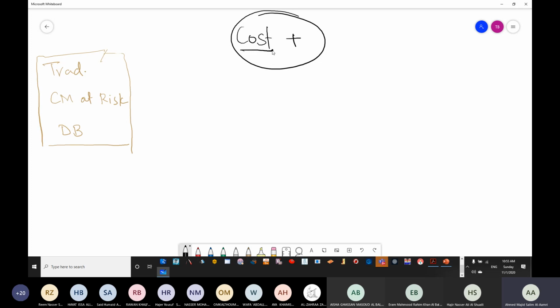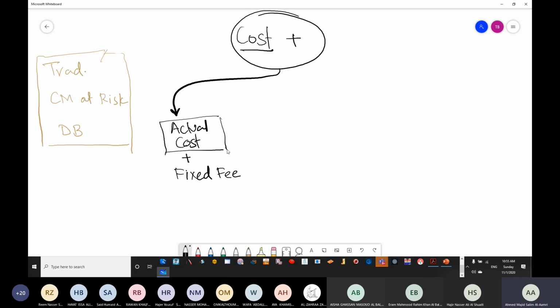So now if you can see here, we are going to pay actual cost plus something called a fixed fee. So we agree here to give the actual cost, which is for the project itself, and we are going to give a fixed fee as a profit for the contractor.